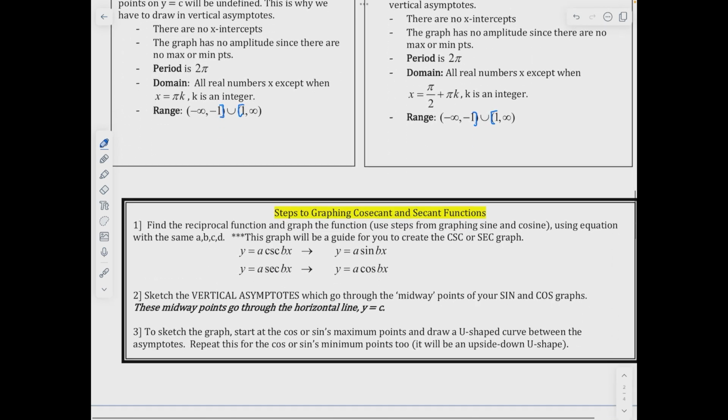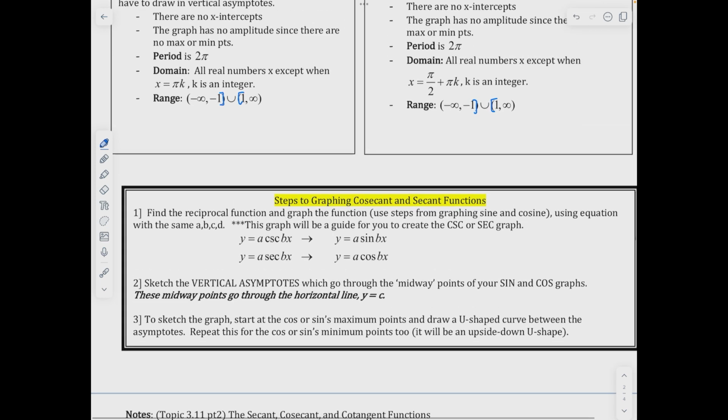So now, what we're going to do is talk about graphing it. It says find the reciprocal function and graph that function. So use the steps from graphing sine and cosine like we've been doing, using the equation with the ABCD. This graph will be a guide for you to create the cosecant and secant, because that'll give you your vertical asymptotes and your points.